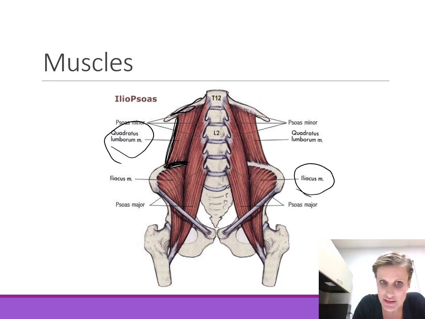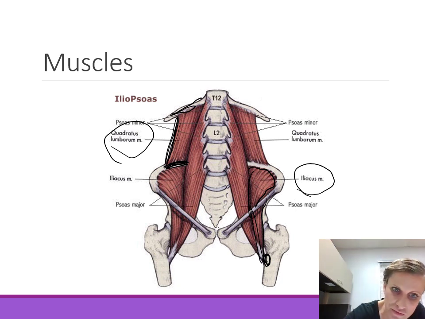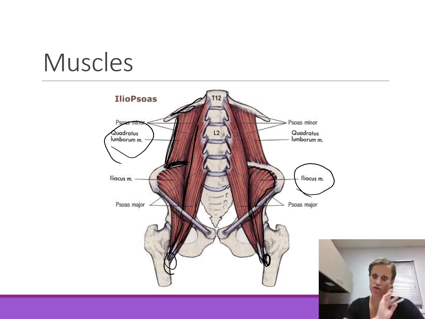The iliacus, you can see right here in the iliac fossa, and then continuing down to the lesser trochanter of the femur. And then the psoas major, you can see coming down and then also connecting to the lesser trochanter.